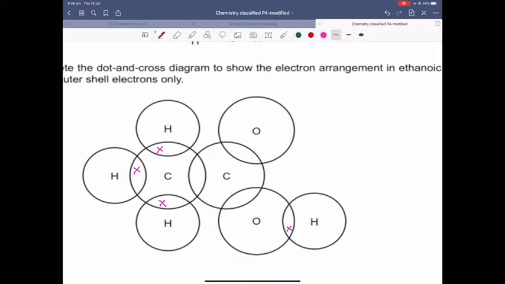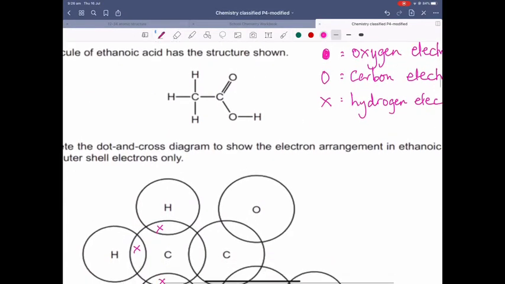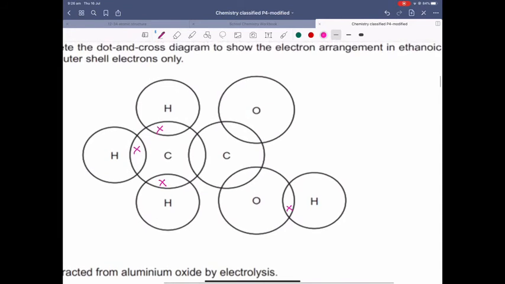So one electron from hydrogen, and then we can put the carbon electrons in, and according to the key we used the circle for the carbon electron. So the carbon returns the favor in a single bond. Remember, one pair of electrons is being shared.